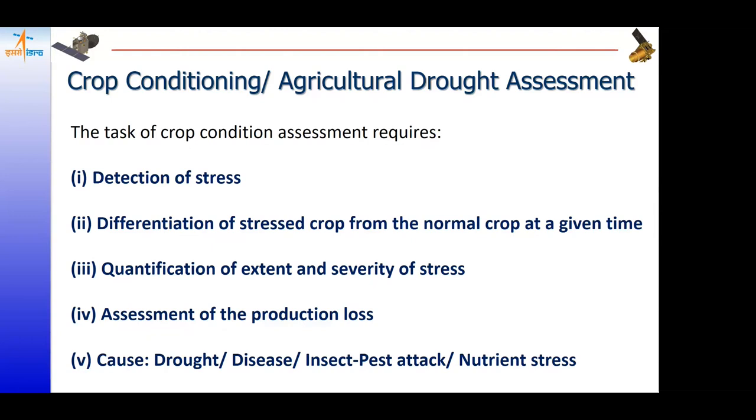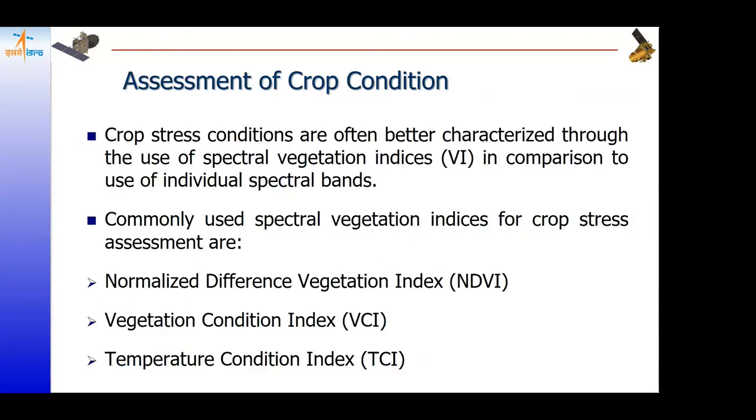And then we can also define which kind of stress condition it is, like the water stress condition, or specifically the drought condition, agricultural drought, meteorological drought, or if any kind of biotic stress condition is there, we can also detect it using this information. For that kind of assessment in remote sensing or geospatial technology, we generate various kinds of spectral indices.